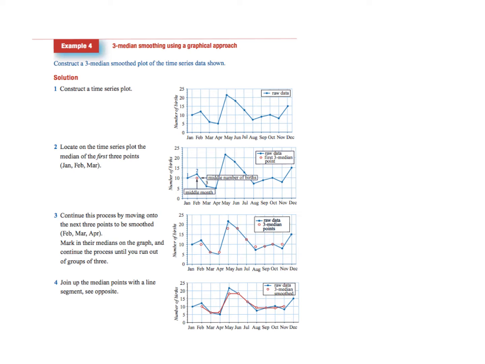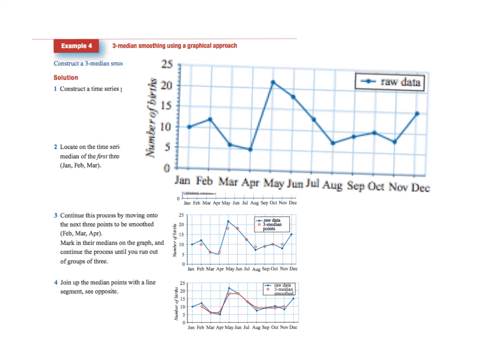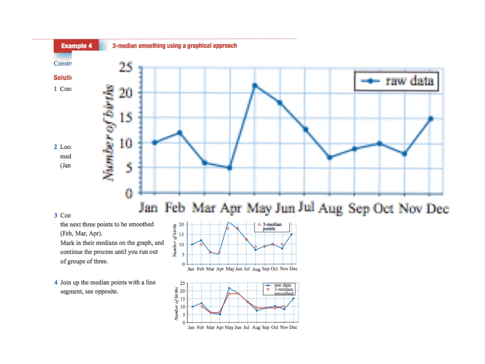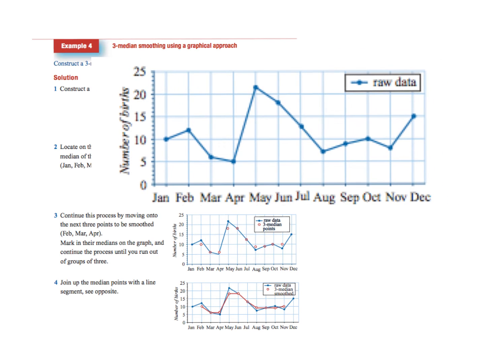Just to take note, but what I want to do is show you the graphing on how to do it. These are the steps, and you've got them in your notes, but I'm just going to blow that up and show you with the ruler. When you're doing 3 median smoothing, you're going to take these 3 values into account, okay?